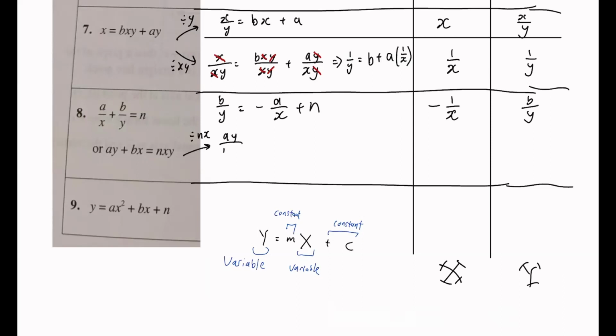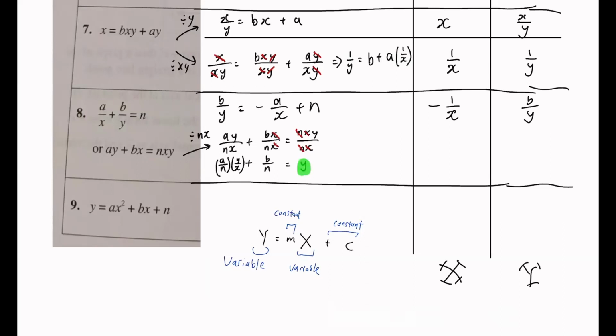So ay over nx plus bx over nx equals nxy over nx. Cancel off. So over here, what you notice is that you will end up with y on the right hand side. Then here you got b over n, which is just a constant over constant, plus a over n times y over x.